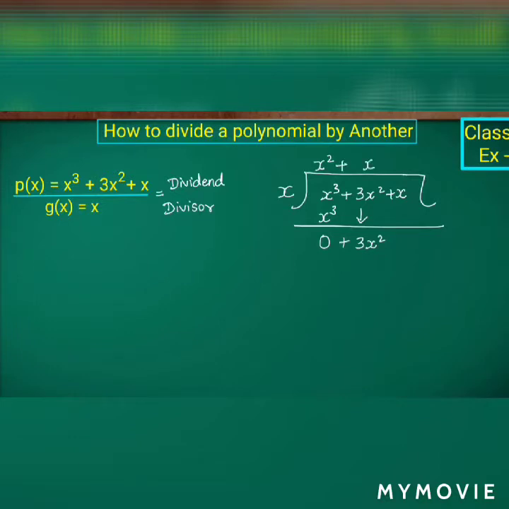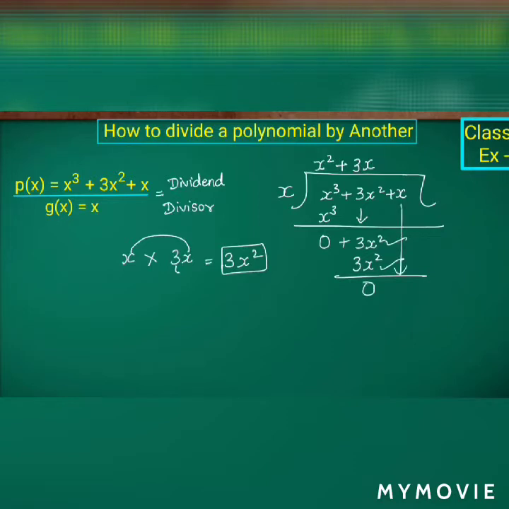So the next term is plus 3x, so that 3x into x gives 3x square. Again we have to do subtraction, so this term will get cancelled. So what else remains?